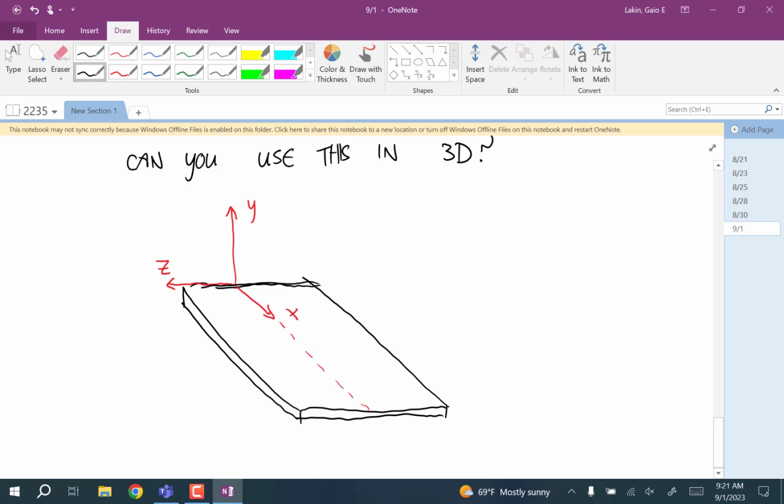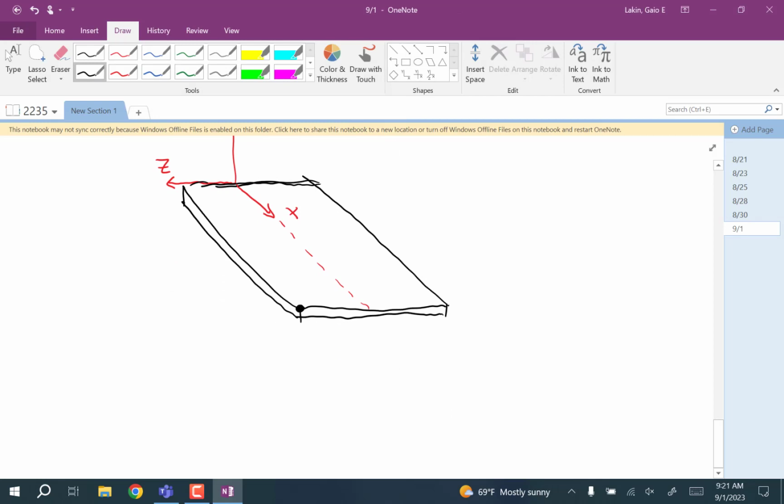And let's say that our force is applied here. You have a force vector, and it has various components. Let's break it up into its components. Let's say we have one force component that way and one force component that way.